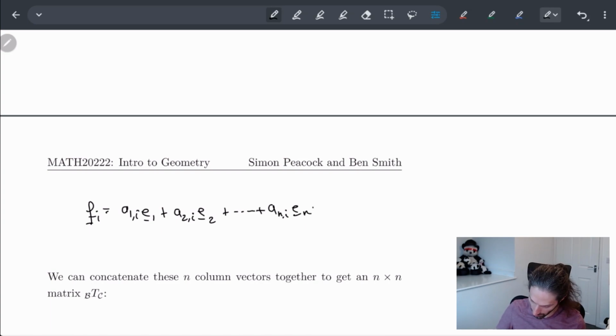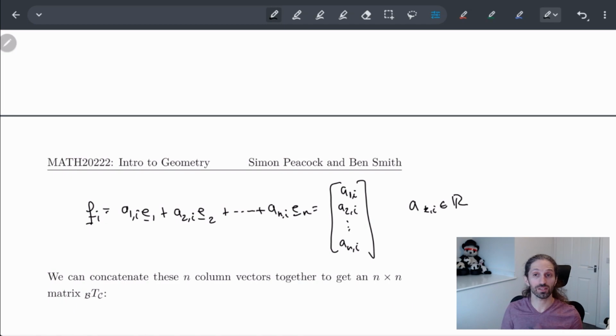So here, this is just going to be the column a_1i, a_2i, all the way up to a_ni. And here, all of the a_ki are going to live in R.